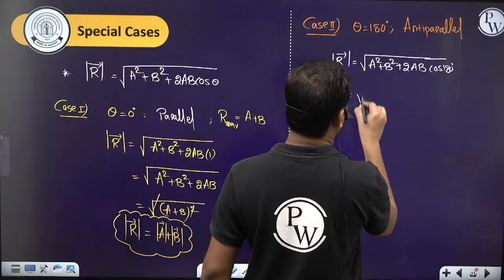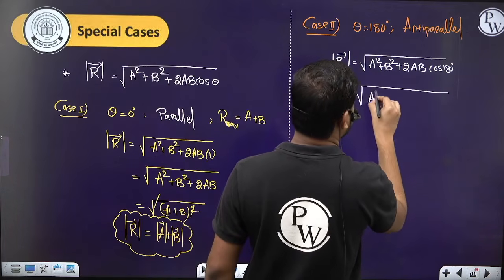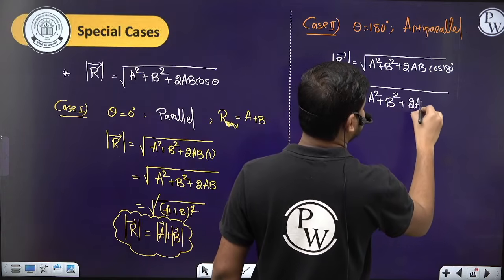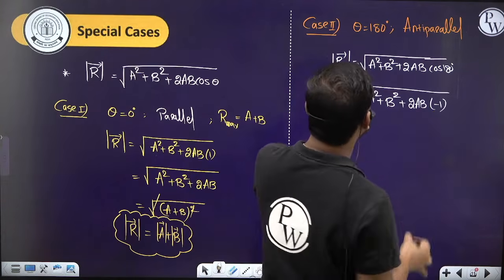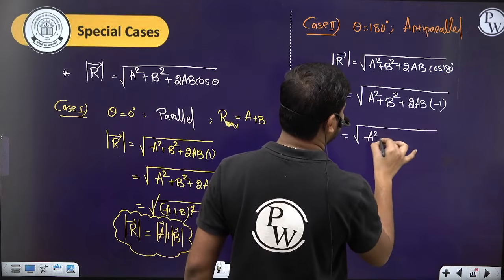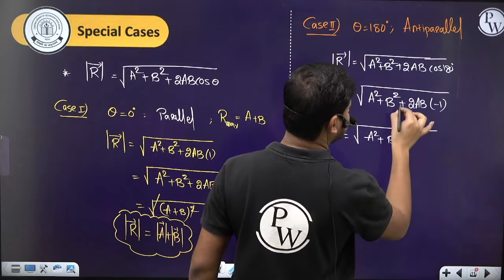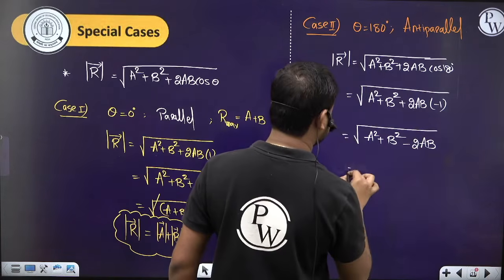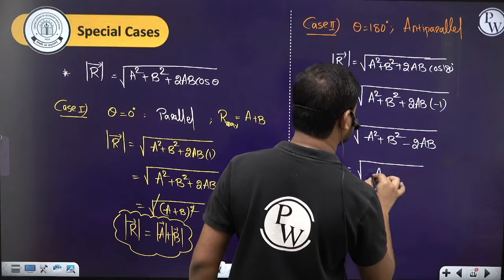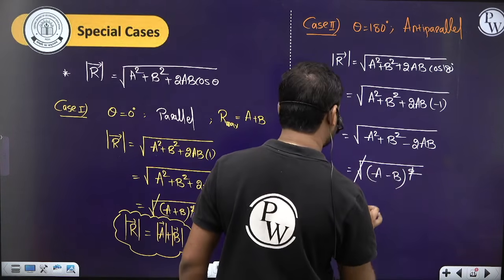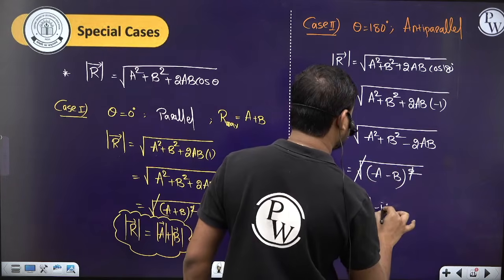So the square root of a square plus b square plus 2ab, and this is minus 1. So then I can write this as square root of a square plus b square minus 2ab. So this is the formula of (a minus b) whole square, simply (a minus b) whole square. So the square root cancels, it's simply going to be a minus b.